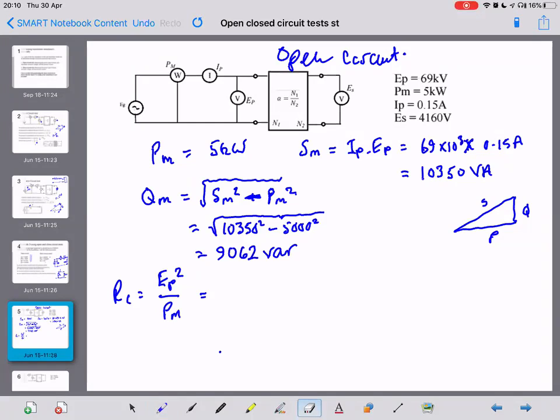That's a rearrangement of power equals voltage squared over resistance. So 69,000 squared divided by 5,000 equals 952,200 ohms, which is 952 kilohms.